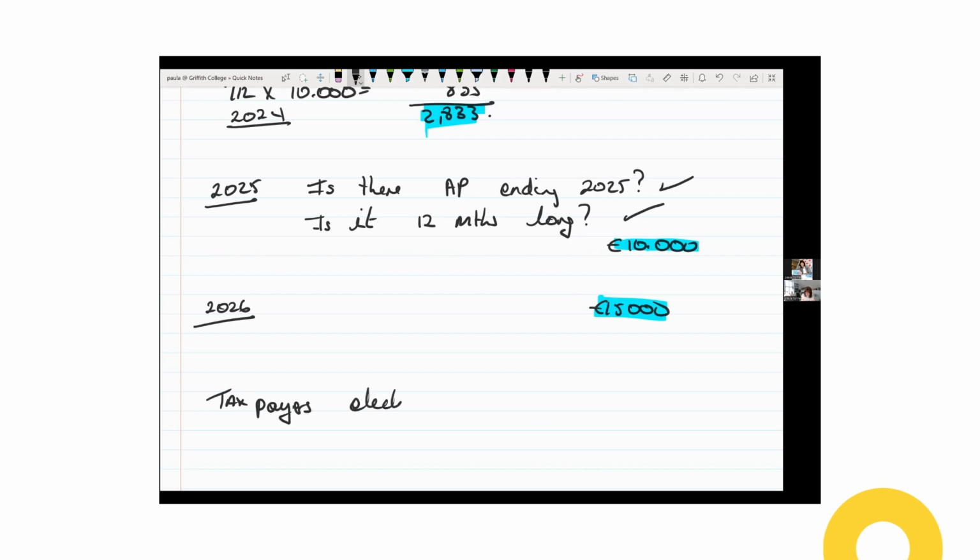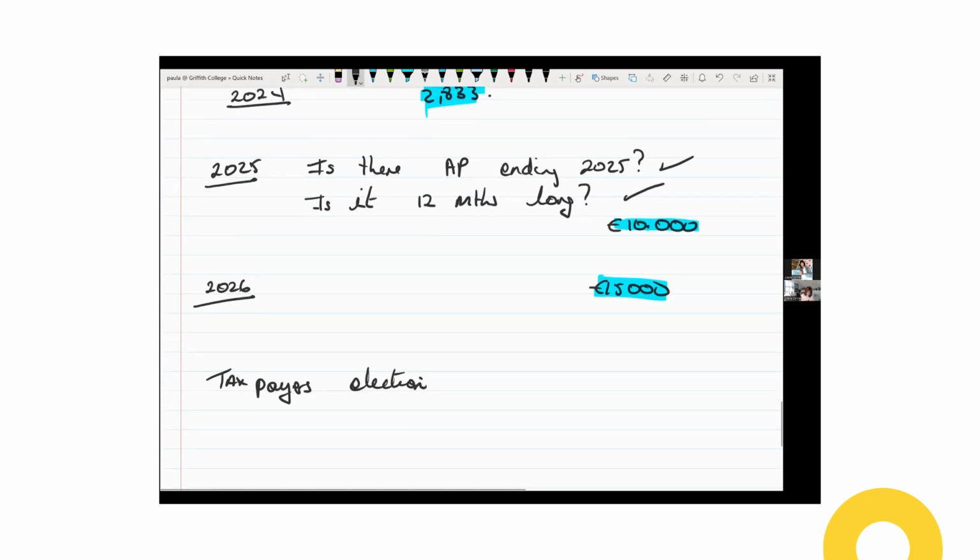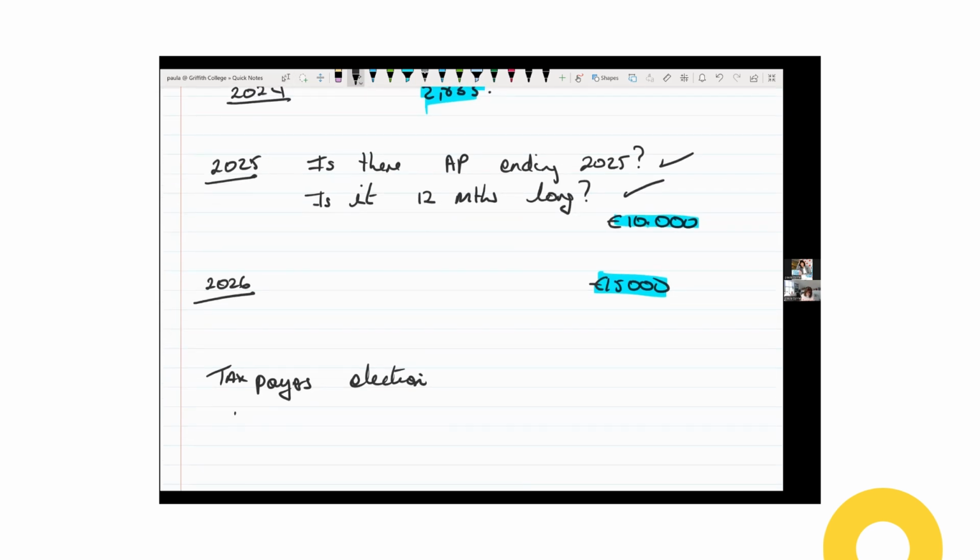And the taxpayers' election is that they can revise the second year. In this instance, it's 2025. They can revise that to actual profits. Now, what does that mean? Revise to actual.